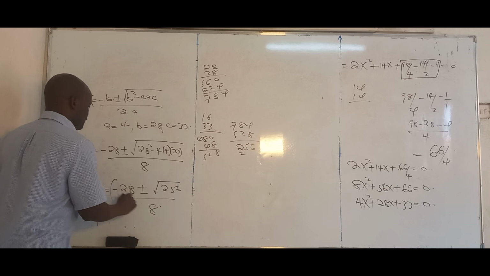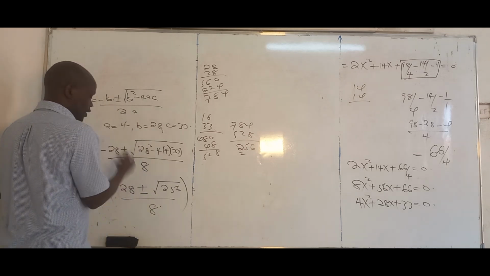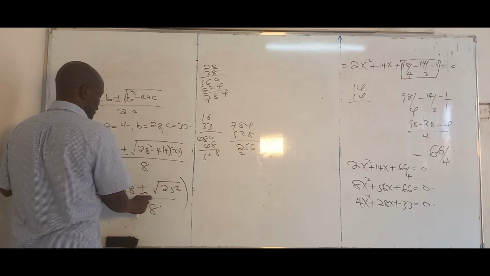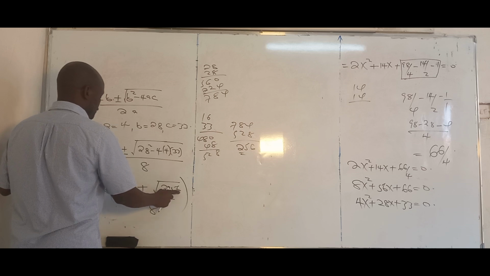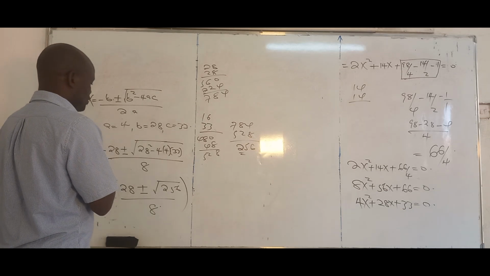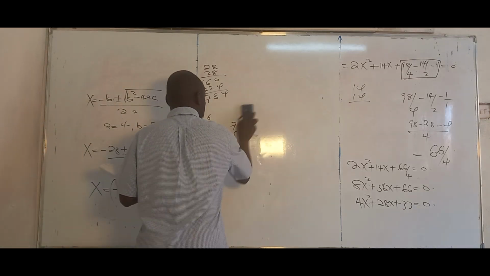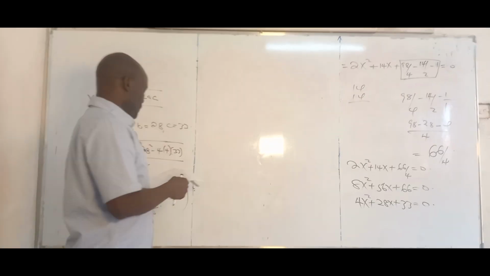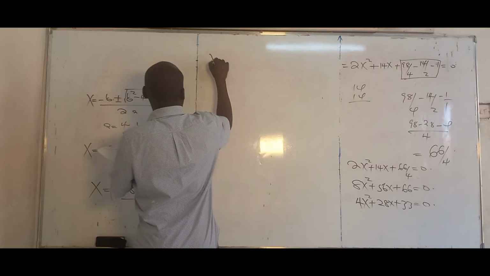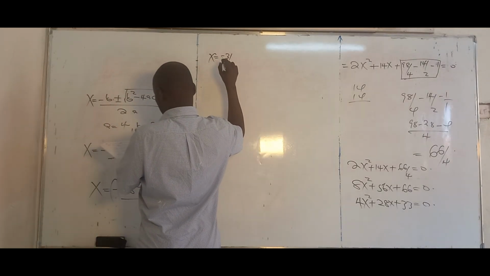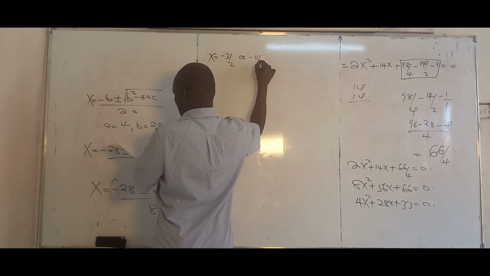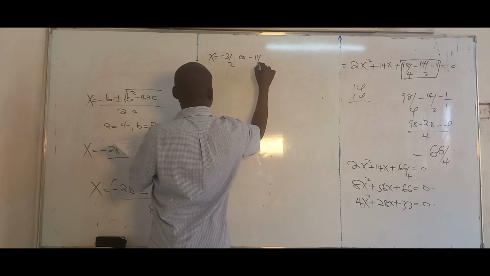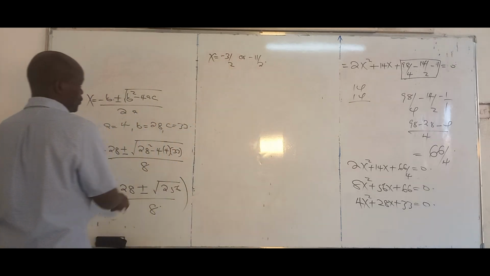Let's find and confirm, by taking the positive side, adding and dividing by 8, and then by subtracting and dividing by 8, you get the values. Because I don't want to get to my calculator, the answers you are getting should be at least x is minus 3 over 2 or negative 11 over 2. Those are the x values that you should get.